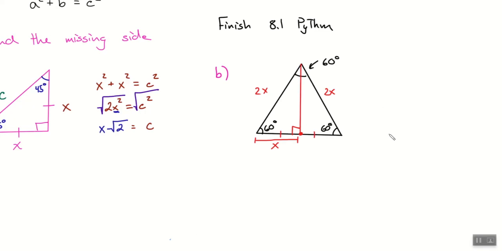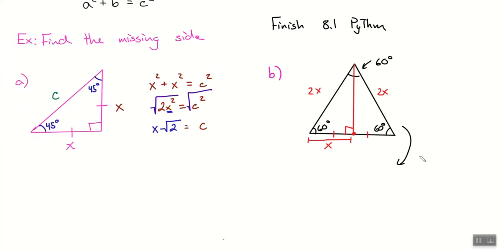So check it out. We are going to use the values that we have, and I'm going to work downward so we can see both of them at the same time. And I just want one of these, one of the 30, 60, 90 triangles. Are we taking the left triangle or the right triangle to think about this?